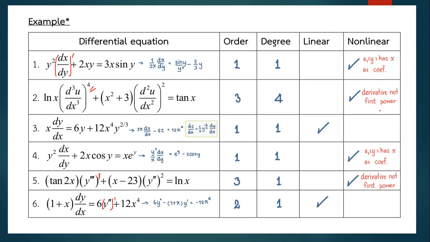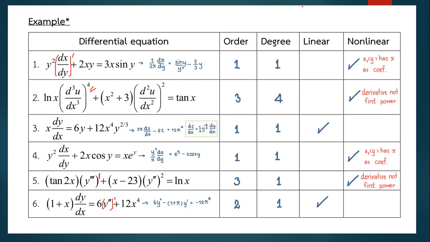The derivative is not first power; the derivative has power 3, so it is still non-linear. Again here, a1(y) has x as a coefficient, so it is non-linear. And in this case, the derivative is not first power, so due to that it is non-linear. That is the difference between linear and non-linear.